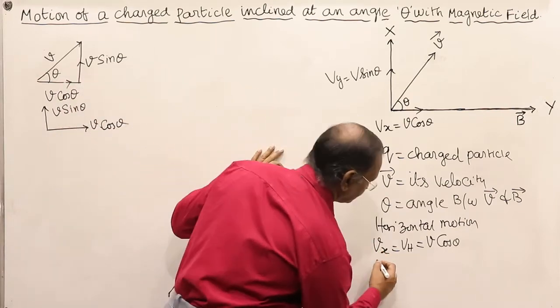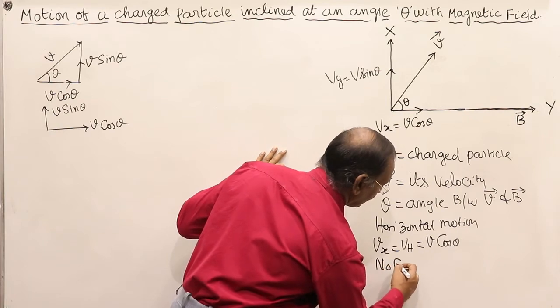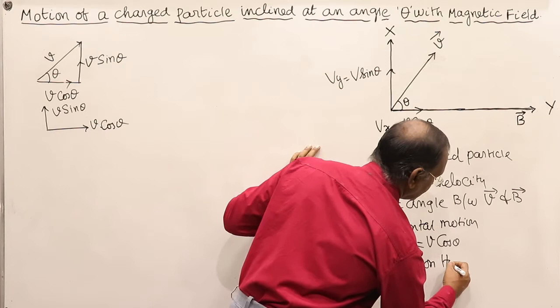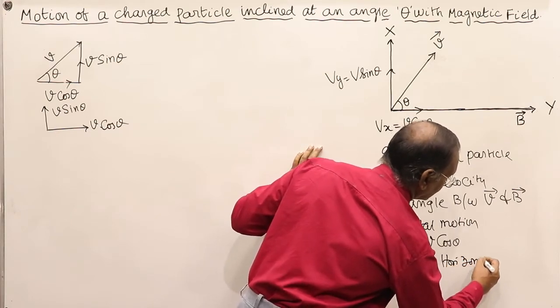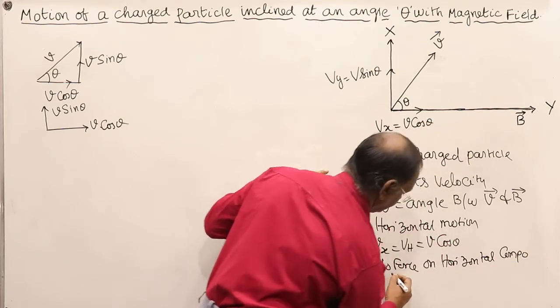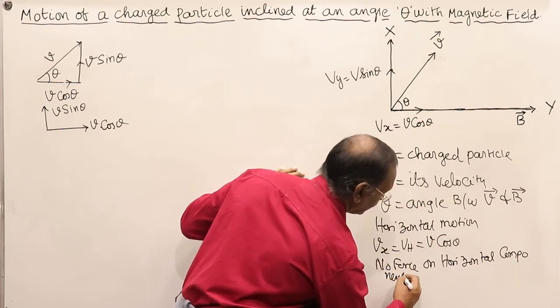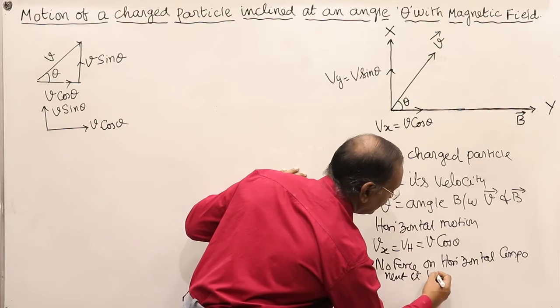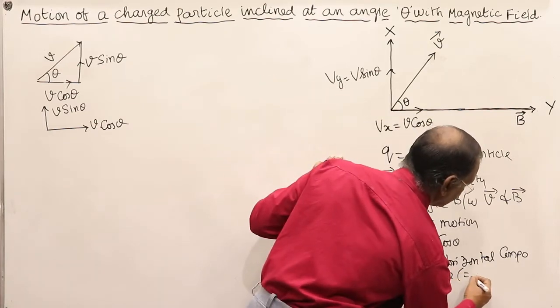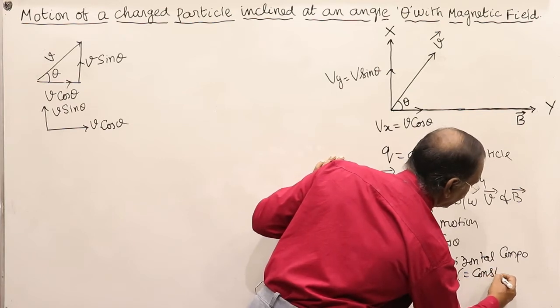That is, the horizontal component v cos theta is constant.